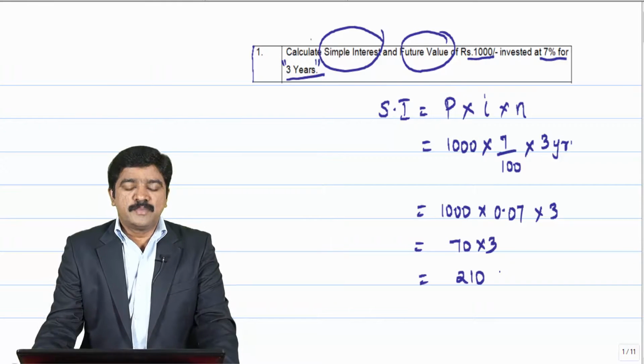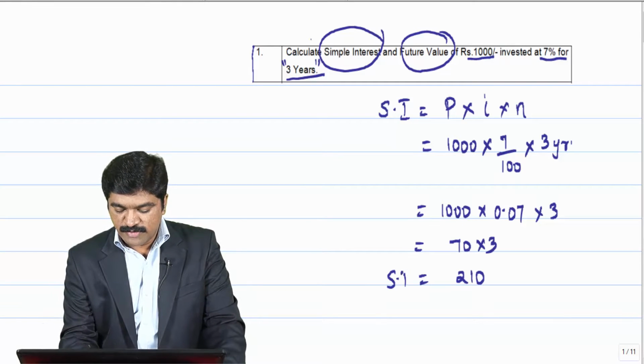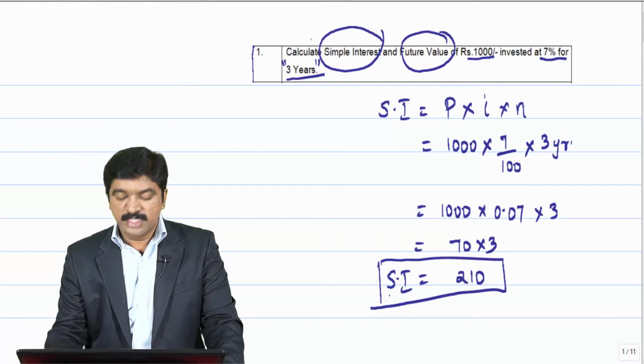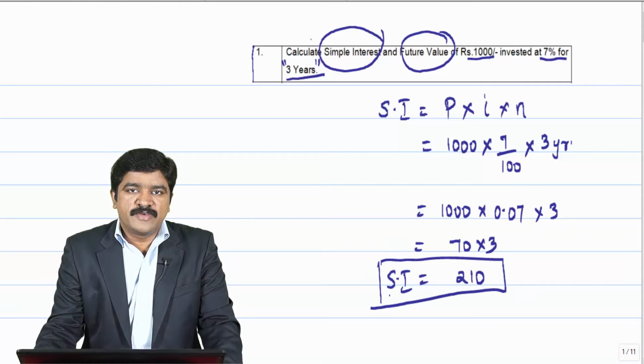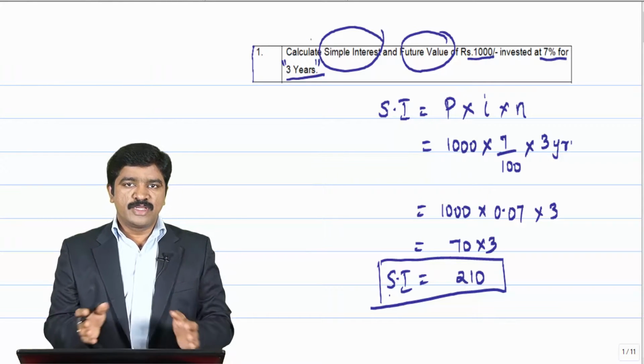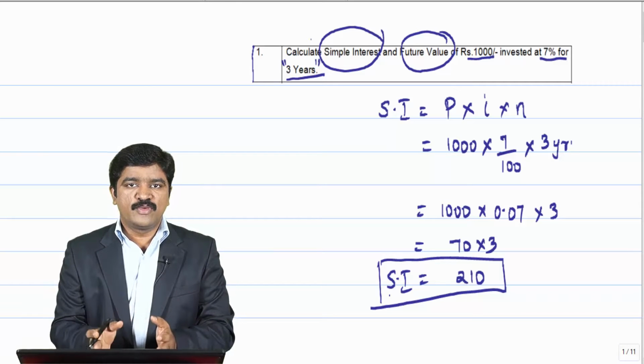So this is the simple interest you would get if you are investing 1000 rupees at 7% for 3 years. And now the question also asks you to find out what is the future value.